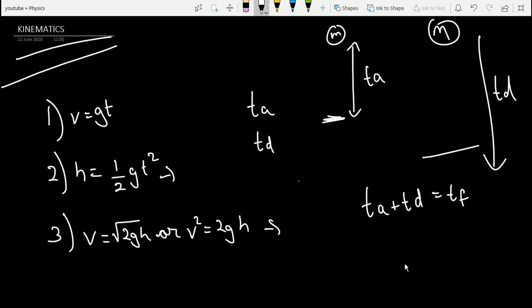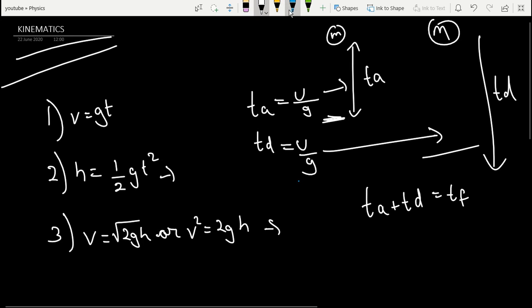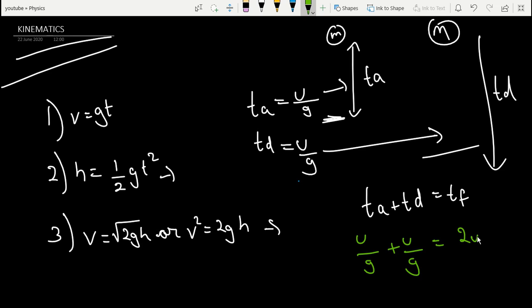Okay, so the formula for time of ascent is u by g. Remember this formula. The formula for time of descent is also u by g. Remember this. Now the formula for time of flight will become u by g plus u by g, which is equal to 2u by g.